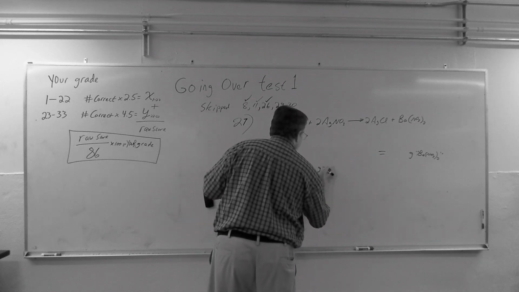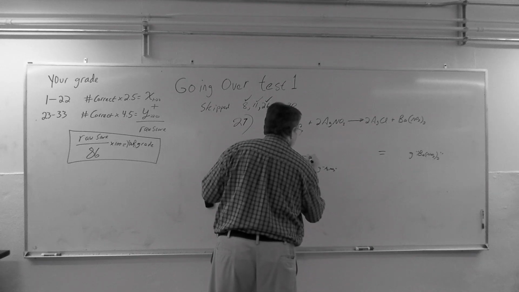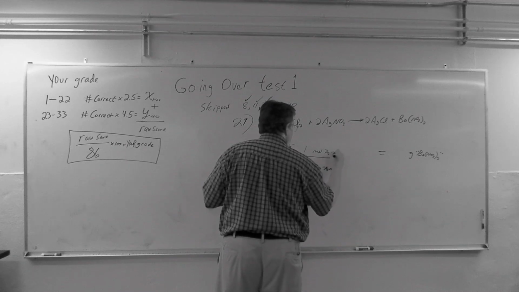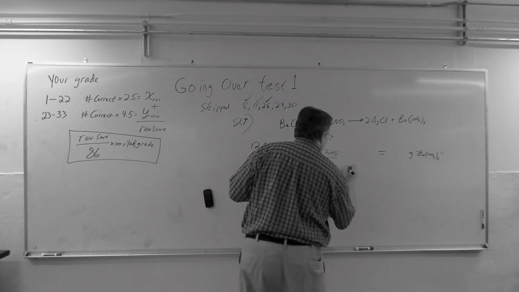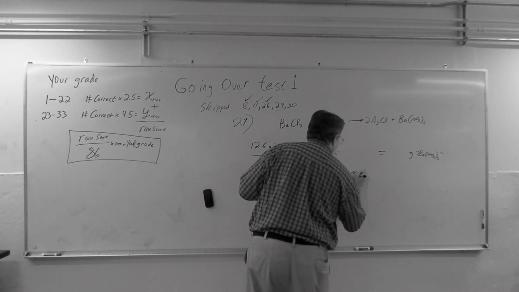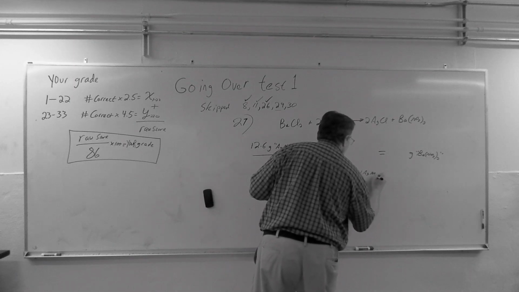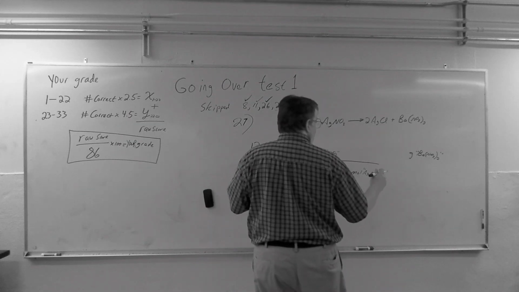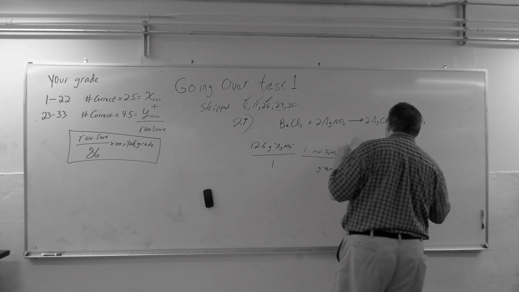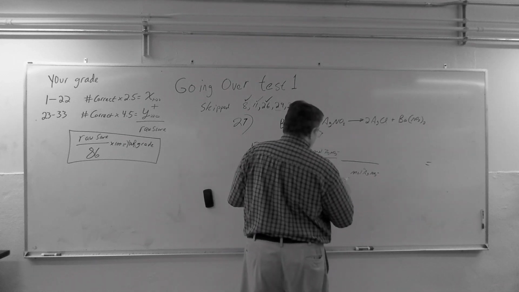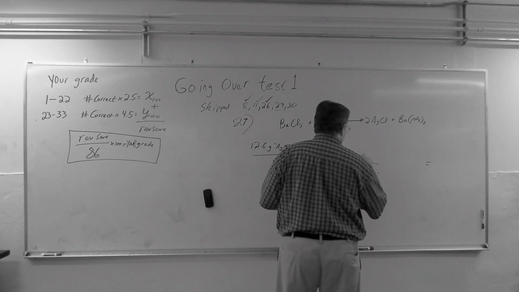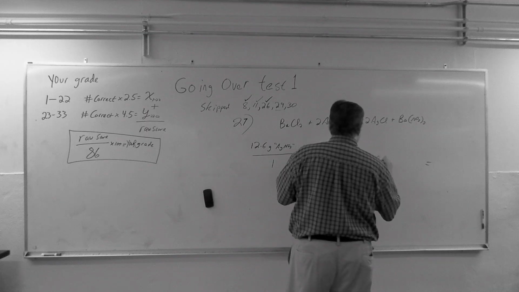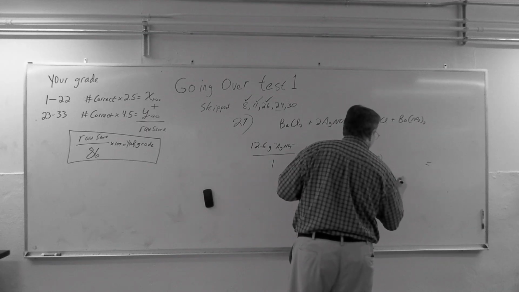We're going to start with grams of AgNO3. Grams of this, 1 mole of AgNO3, 2 moles, and 1.